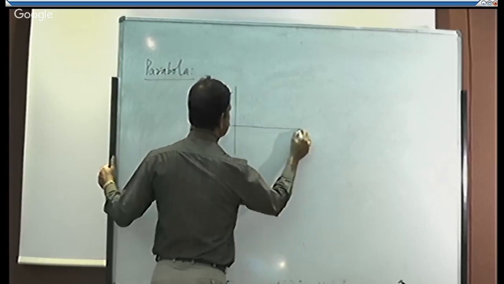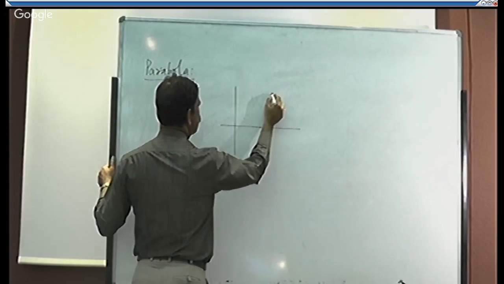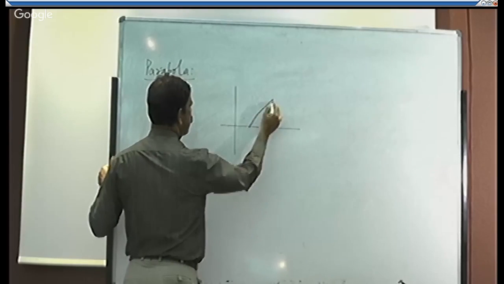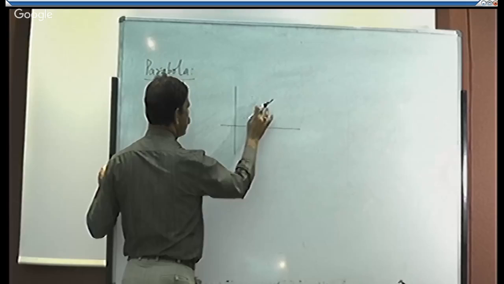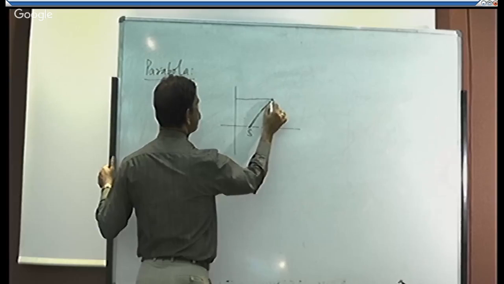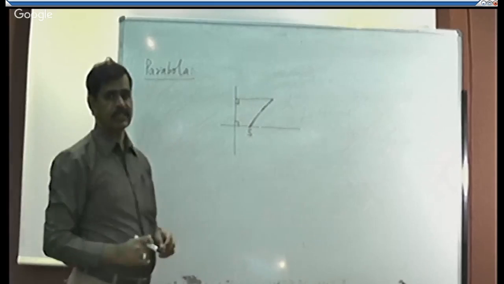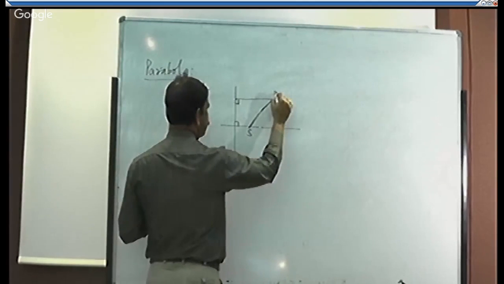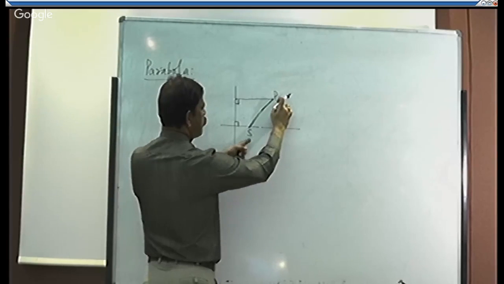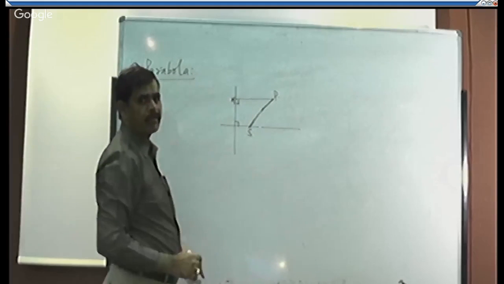such that the ratio between its distance from a fixed point to its distance from a fixed line is always constant. P is a moving point. How does it move? It moves such that the ratio between this distance and this distance is always equal to 1.